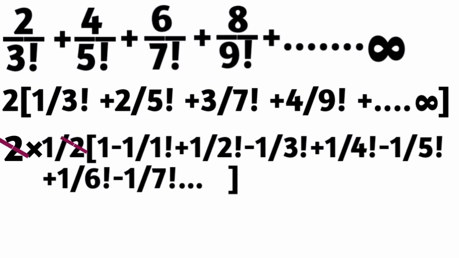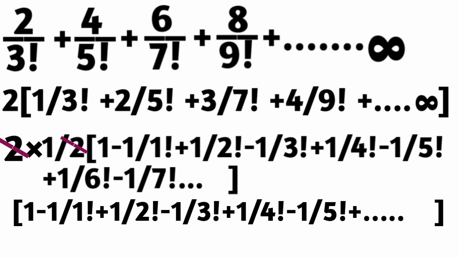Here the factor 2 will be cancelled out, being inverse to each other, and only the bracket term is left, which is 1 minus 1 divided by factorial 1 plus 1 divided by factorial 2 minus 1 divided by factorial 3 plus 1 divided by factorial 4 minus 1 divided by factorial 5 and so on up to the last term.